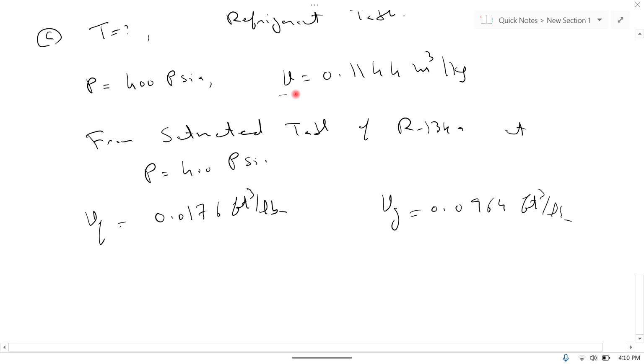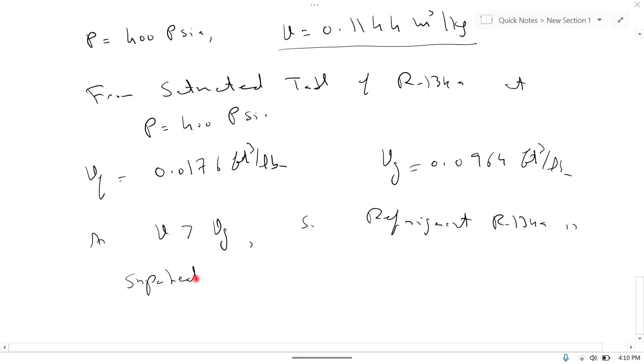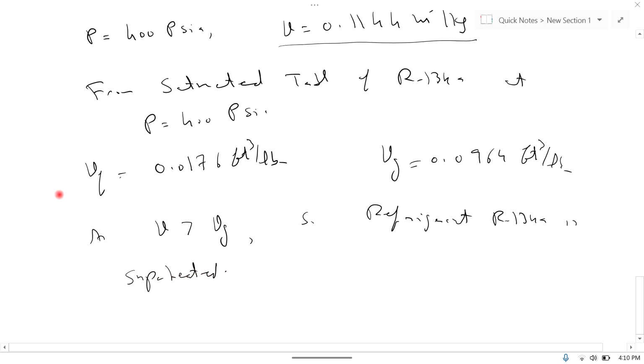But the value given to us is more than Vg, as V is greater than Vg. So refrigerant is superheated. Refrigerant R134A is superheated. So we will use superheated table of R134A to find temperature.